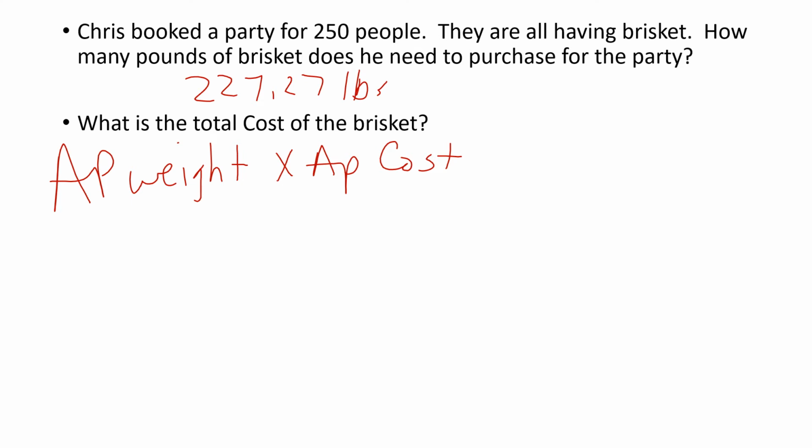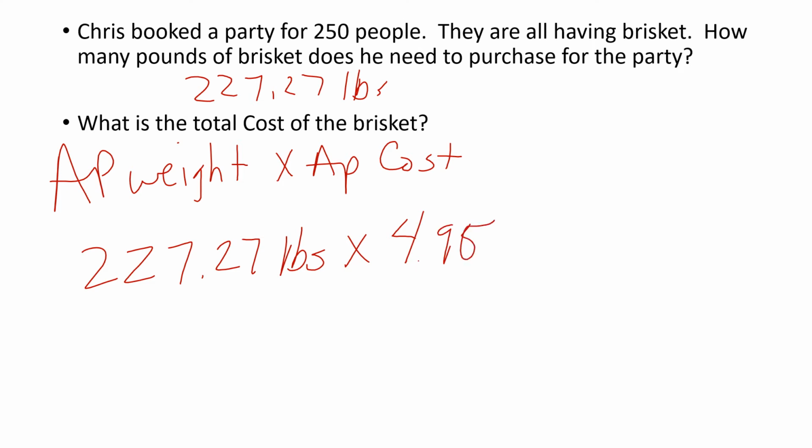So in this case, we have 227.27 pounds times $4.95. That was our cost per pound. It's the same way you buy produce, or the same way you buy meat in the grocery store. Okay, so 227.27.